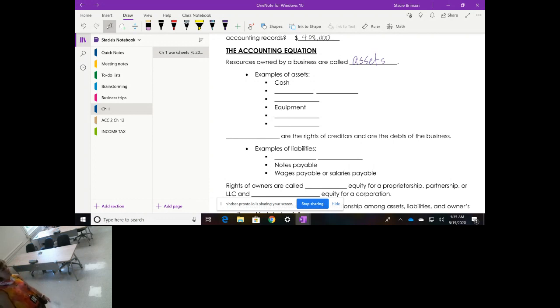Cash. Cash is an asset. Accounts receivable. And we'll talk about what that is here in a little bit. Y'all let me know if you can't read my handwriting. Land. I'm just trying to give y'all some examples of things that are worth something.